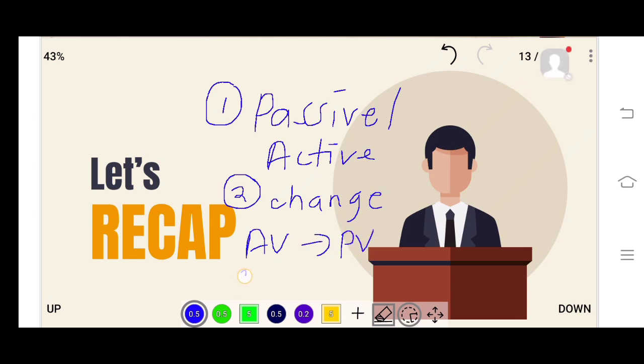And the last one is how to change if the active voice has two objects into passive voice. I think that is the lesson for today.